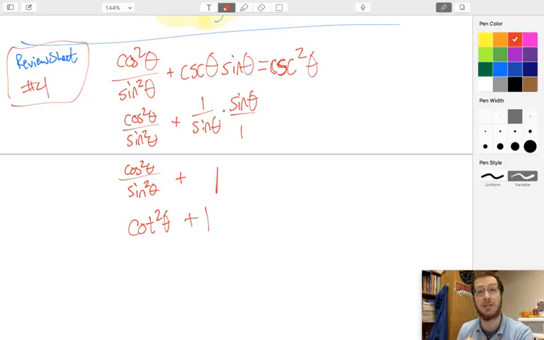And I know there's a Pythagorean identity that has both of these in it, cosecant and cotangent. So let's see if we can come up with that. It's cosine squared of theta plus sine squared of theta. And this time we're going to divide by sines because we want our cotangent, we don't want our tangent.